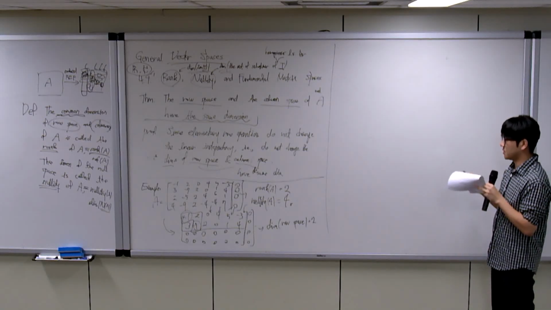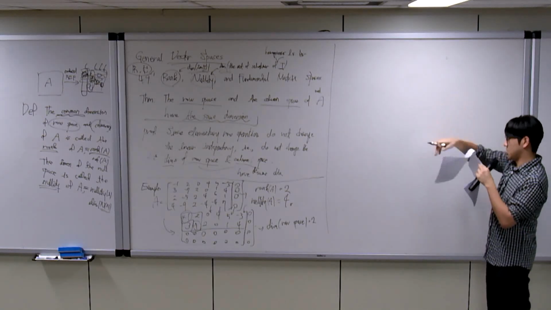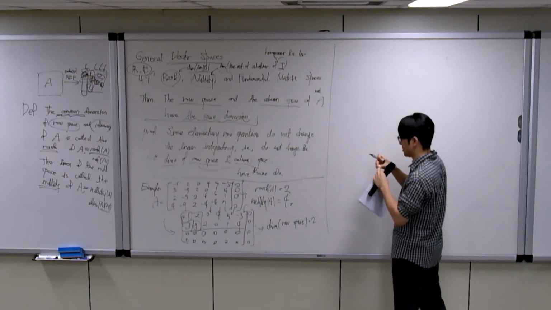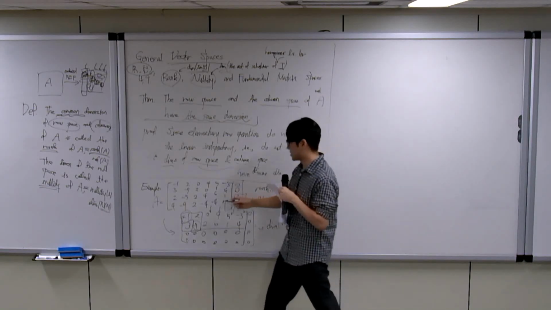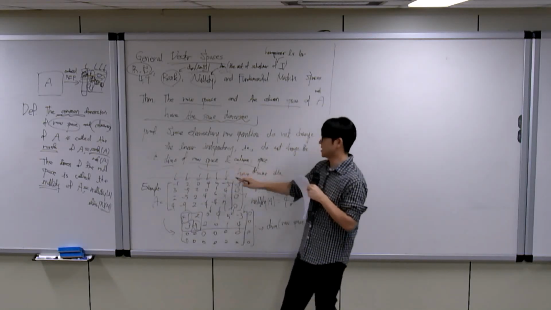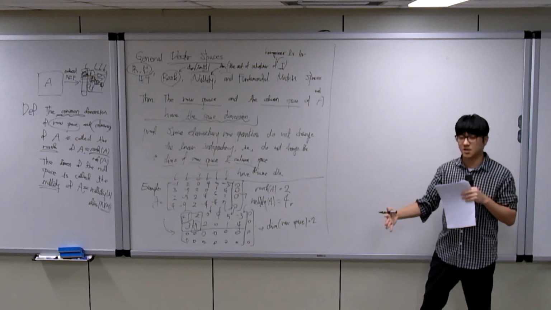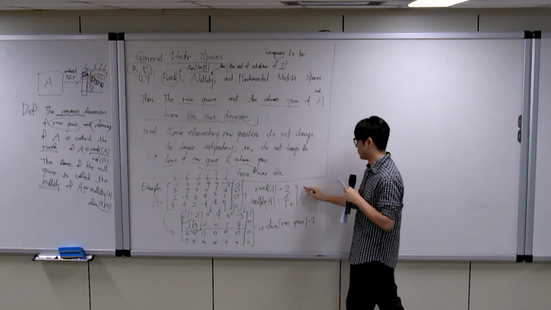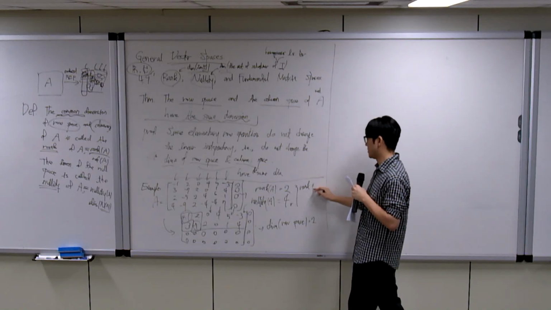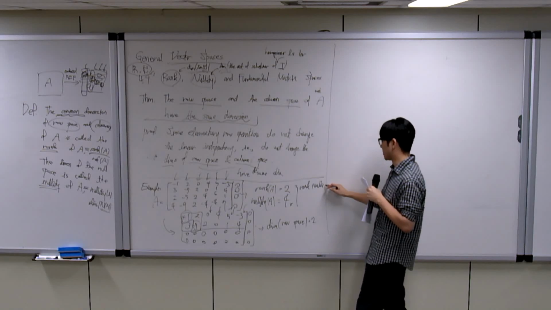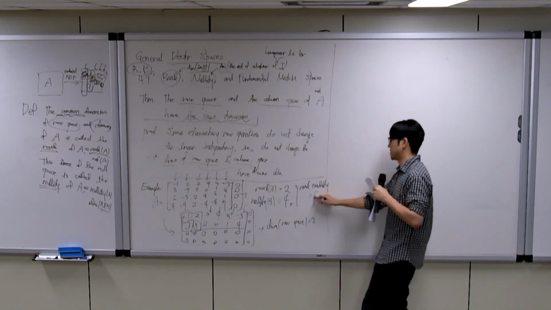And from here, you can see one surprising answer. When you see this linear system, it has 1, 2, 3, 4, 5, 6 variables, and if you calculate the rank and nullity, the sum of rank and nullity is 6.